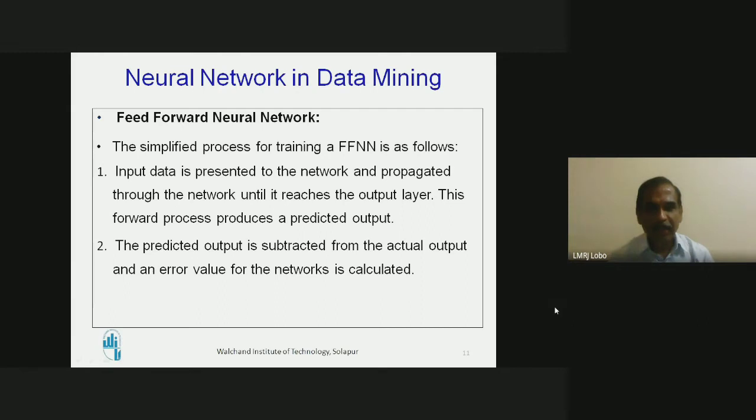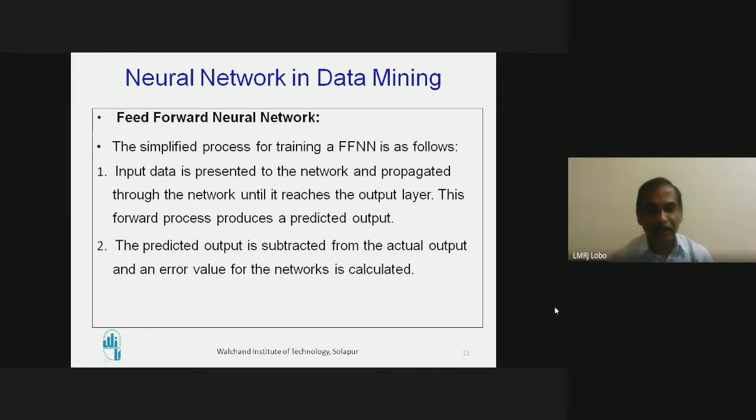The simplified process of training the feed-forward neural network is as follows. You input data into the network, and it propagates right up till it reaches the output layer. This forward process produces a predicted output finally. This predicted output may be a measure to tell us which particular class this output has to be categorized into.